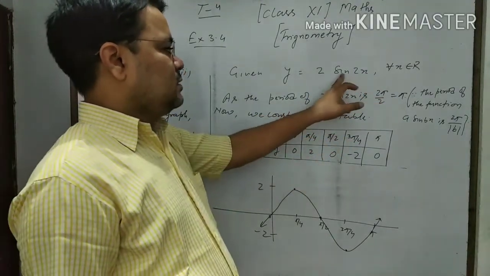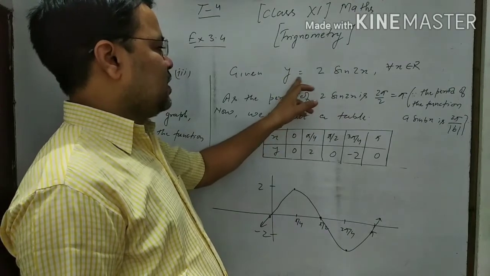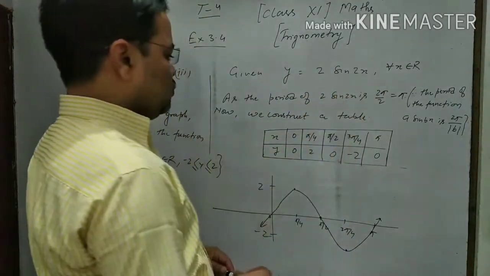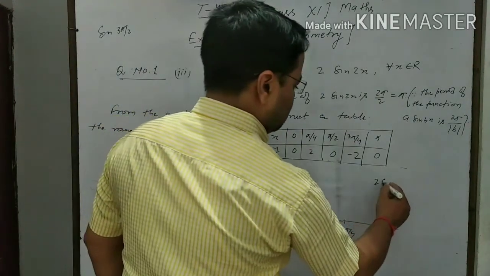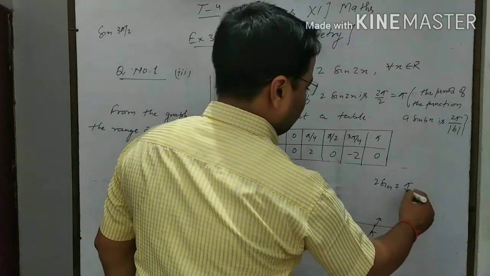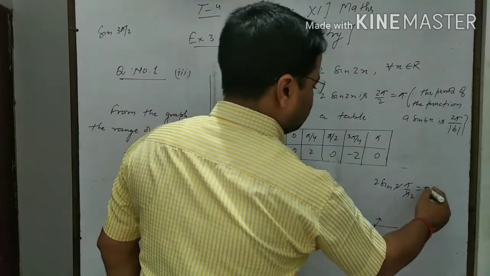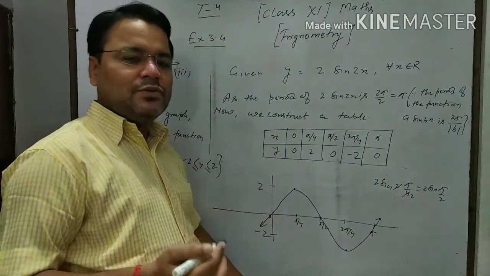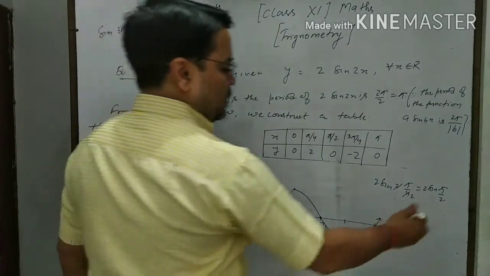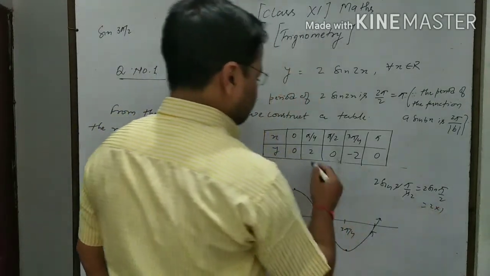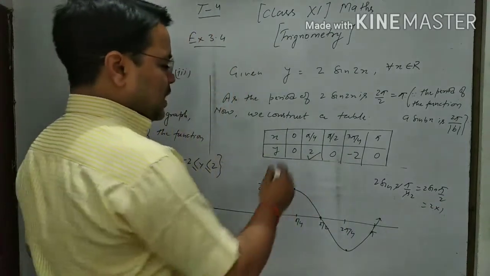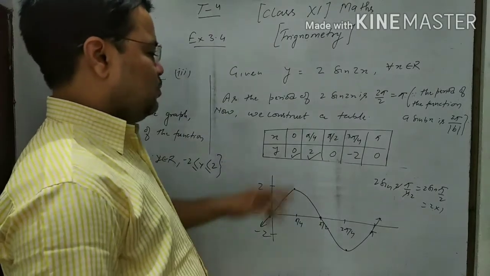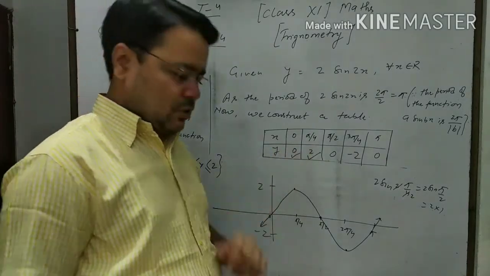Here y is equal to 2 sine 2 into pi by 4, so 2 sine pi by 2. And we know that sine pi by 2 is equal to 1. Therefore, here it will be 2 into 1, means 2. Okay? Means at x is equal to 0, value of y will be 0. And at x is equal to pi by 4, value of y will be 2.